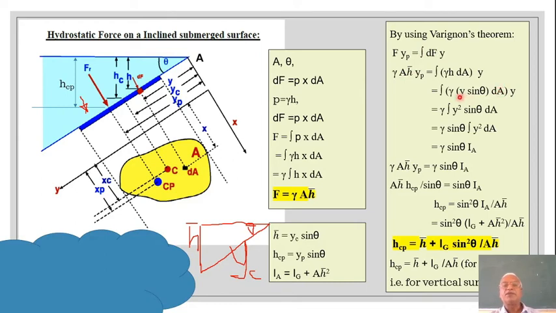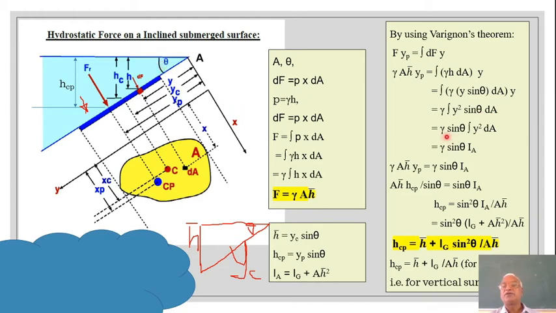Now the force F is equal to gamma A H bar, already known. F into yp is equal to the integration of dF into y, where dF is given by gamma h into dA. Now h is replaced by y sine theta. So the integration of gamma y sine theta into dA into y becomes gamma outside, integration of y squared sine theta dA. Sine theta is a constant because the angle theta is fixed.